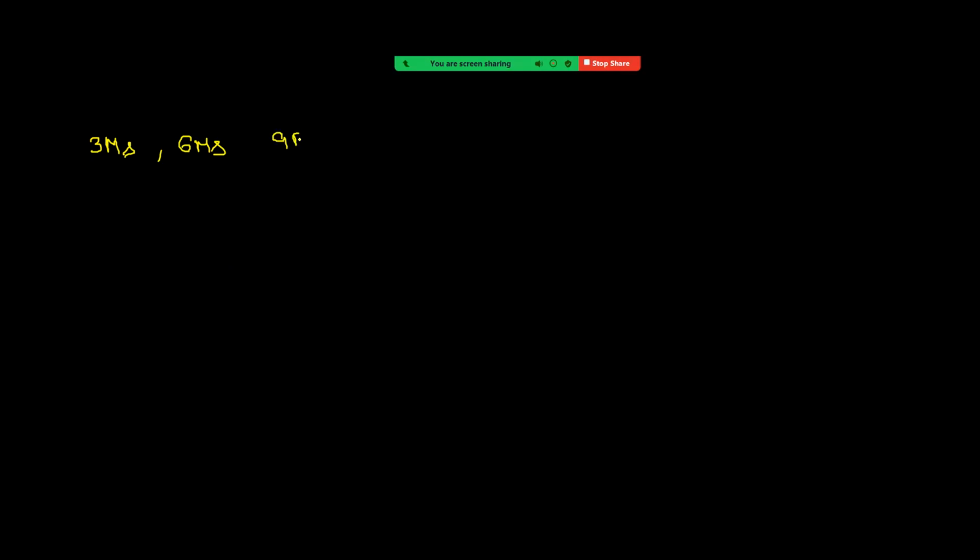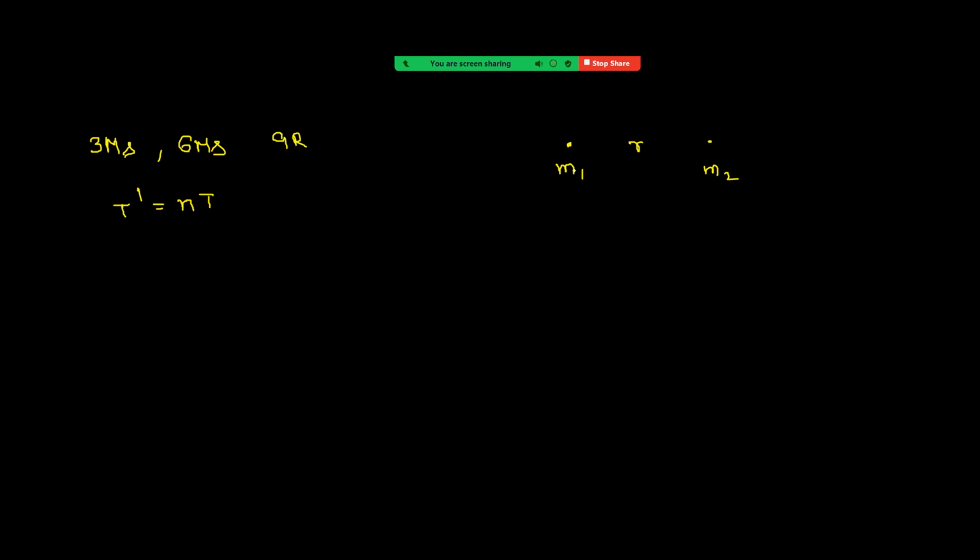Separation is given as 9R. We have to find the time period of revolution. Let us take it as T dash. This is given as n times the time period of revolution of Earth around Sun. I'm just recollecting once. We have discussed that in question number 4, you can refer once: M1, M2, separation is R, revolving about their common center of mass. Find the time period of revolution.